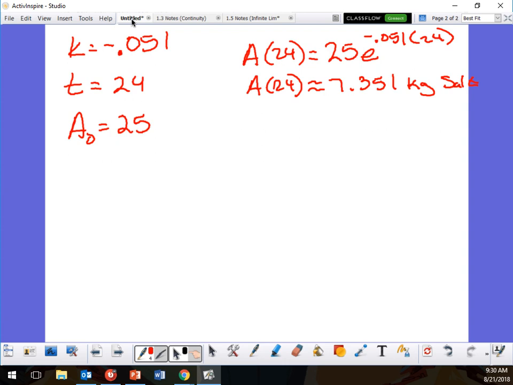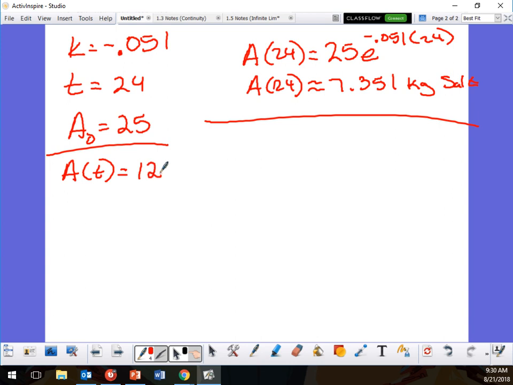So we're going to solve for t in this case, right? We're looking for time. So I know that on this next one, I want A of t, I don't know, and I want that to equal 12 kilograms, right? So I'm going to say 12 is equal to 25 e to the negative 0.051 of t.